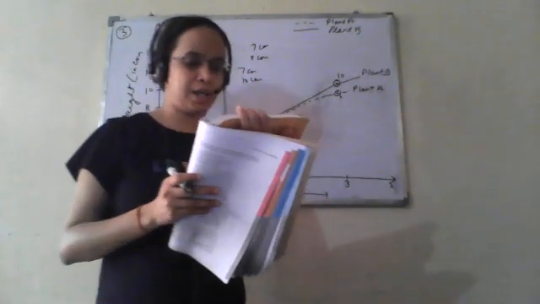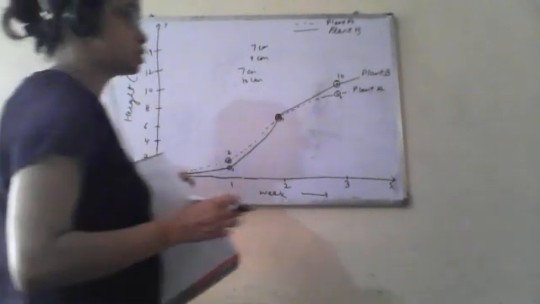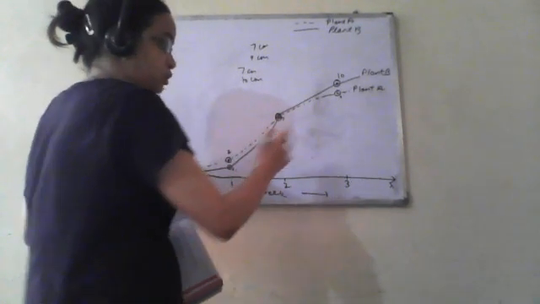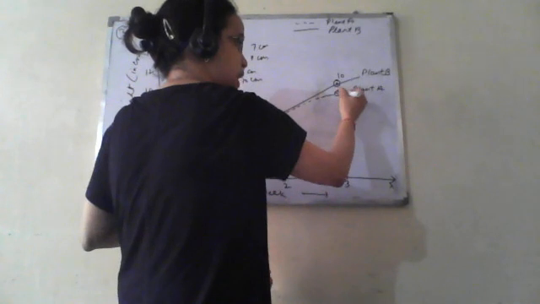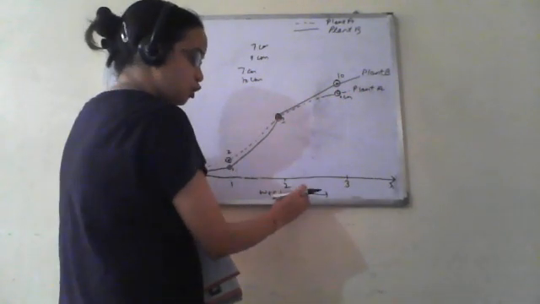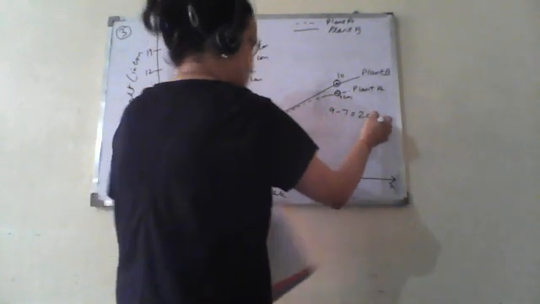How much did plant A grow during the third week? Means what was the growth of plant A during the third week? So at the end of the third week, plant A was 9 centimeter and at the end of the second week it was 7 centimeter. So growth between these two periods will be 9 minus 7, that is 2 centimeter.